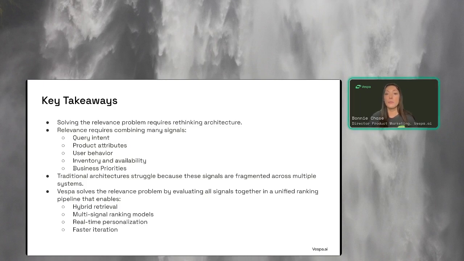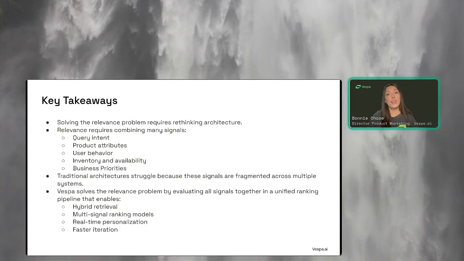The problem is that many traditional architectures weren't designed to handle this level of complexity because signals end up across multiple systems, and those systems evaluate signals separately. So when that happens, it becomes much harder to combine signals effectively, experiment with ranking logic, or even run machine learning models that can actually capture relationships between those signals.